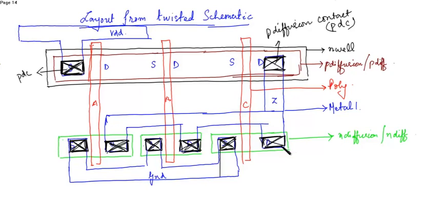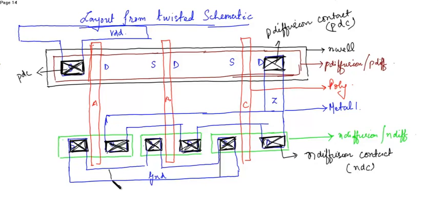So these are the N diffusion contact, or called the NDC.